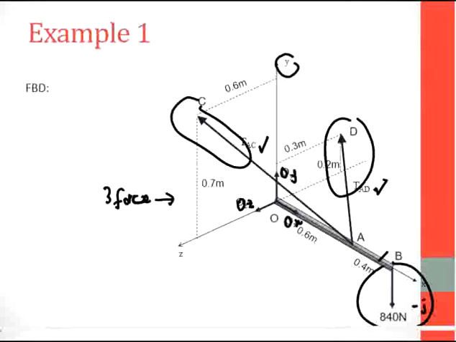There are 3 forces that result in a moment at O. For example here, when the force is toward down, this beam will move like this. Imagine this beam moving with a rotation about the z axis.